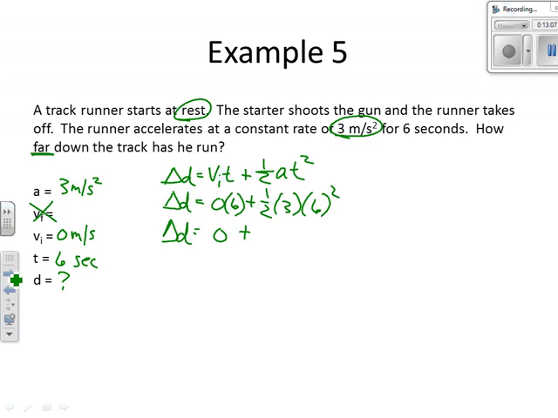That equals 54 once you plug it all into your calculator. 6 squared would be 36 times 3, all divided by 2. That's going to give you that 54. 0 plus 54, and it's in meters because it is a distance. So there he goes, 54 meters down the track.